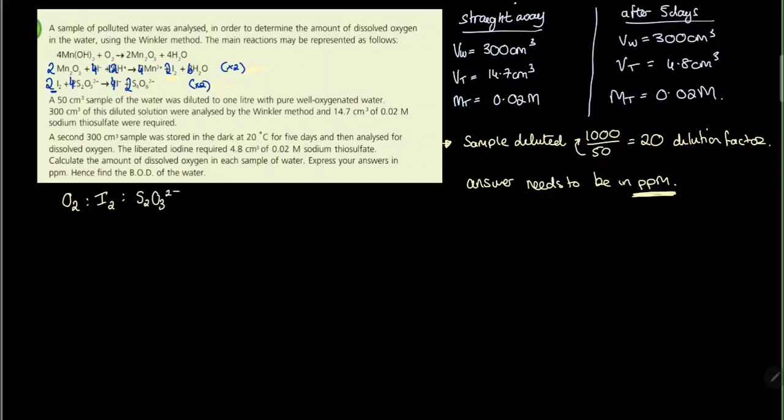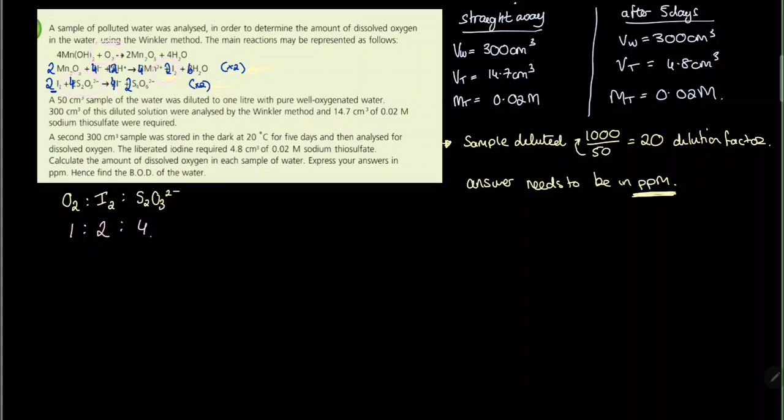And I can see that the oxygen number up here is 1, the iodine number is 2, and the sodium thiosulfate number is 4. So I have all of the moles in terms of how they react together for those 3 chemicals. So I should have all of the information needed to just go for the question. So let's just look at the question again.